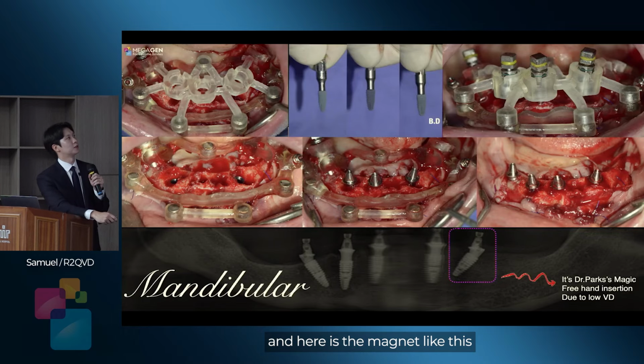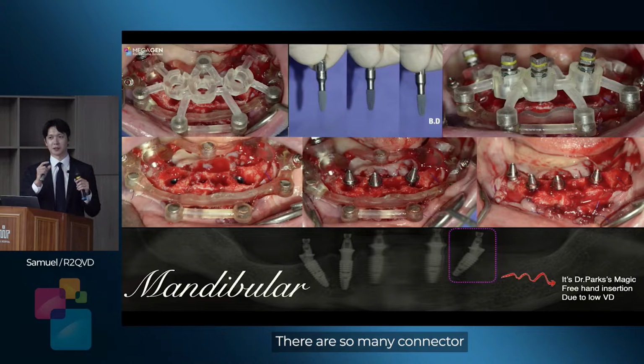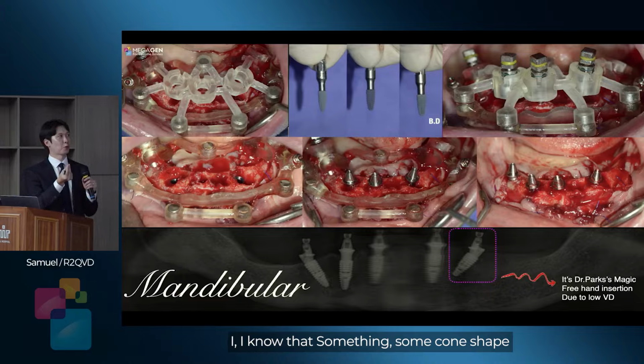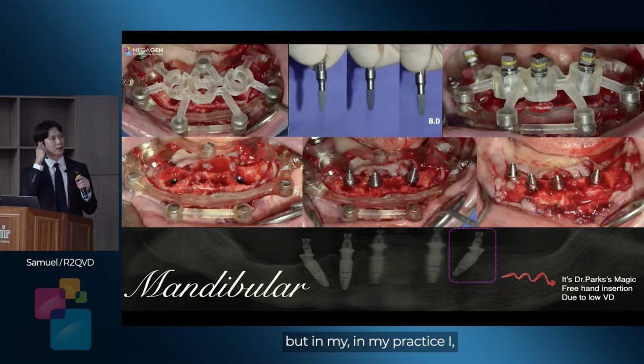And here is the magnetic, like this. We fix the base guide, and there are so many connectors. I know that some are cone shape or post shape, but in my practice, I just want something like that.